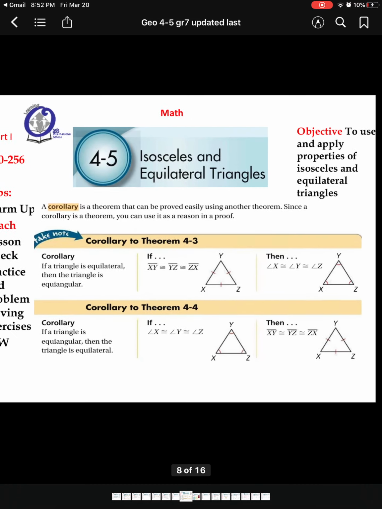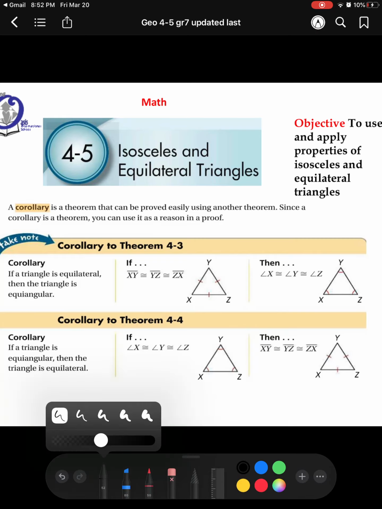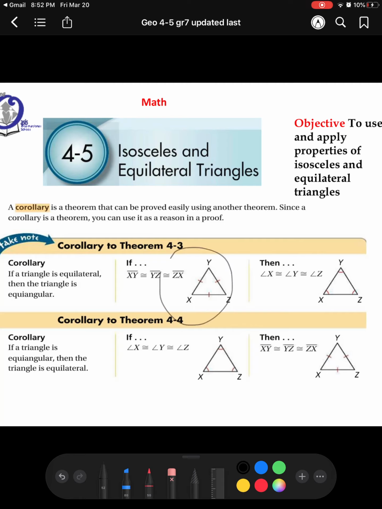Now, what we need from this is, here I have an equilateral triangle. As a result, the three angles are congruent. So in any equilateral triangle, all the angles are congruent. What's the converse of it? If you have congruent angles, this means you are talking about an equilateral triangle.